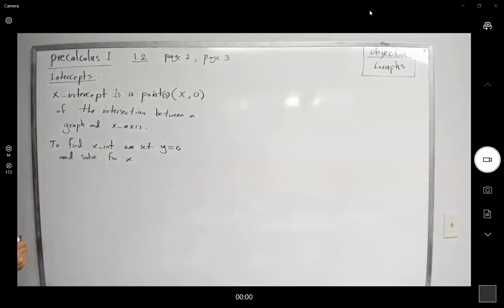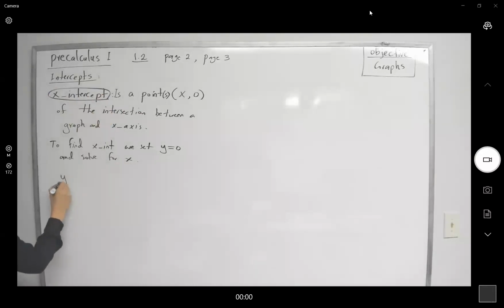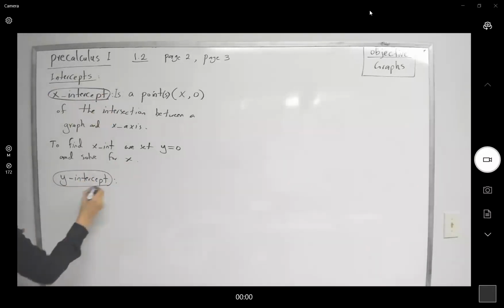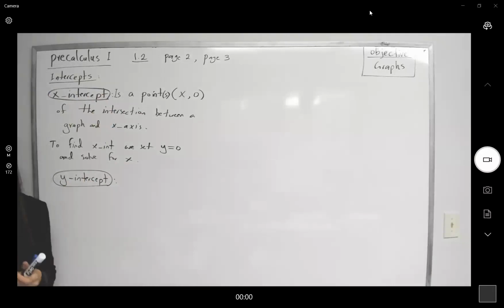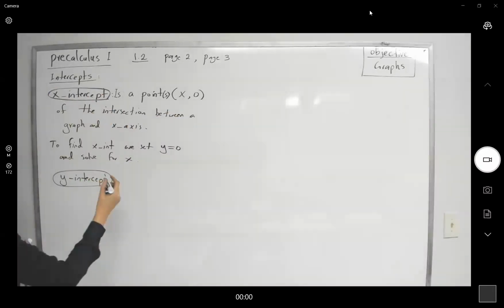Other than x-intercept, we have y-intercept as well. Y-intercept is a point or a collection of points like 0 and y, where the graph hits y-axis.